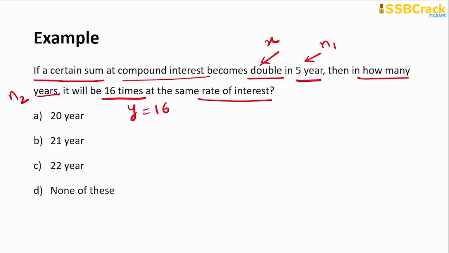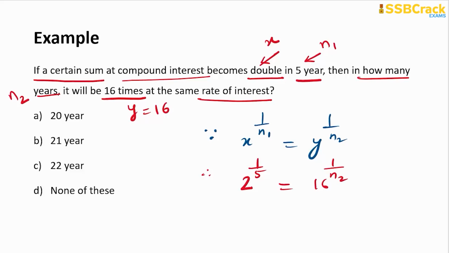Yes, we have that very important formula: x to the power 1 by n1 equals y to the power 1 by n2. Now let us substitute what we know. We know x, which is 2, we know n1, which is 5, and we know y, which is 16, and we don't know n2, so we'll write it as it is.